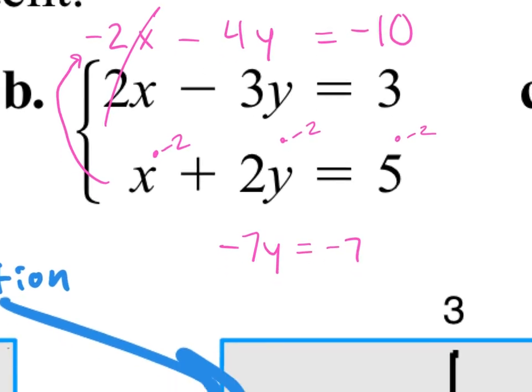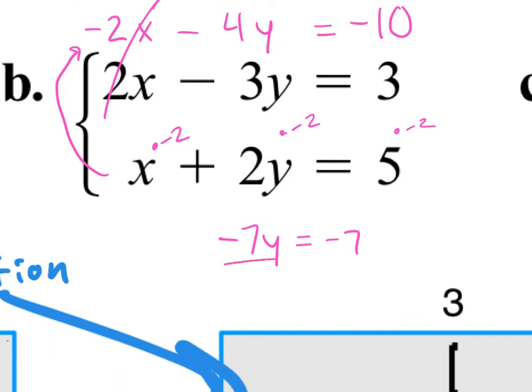Negative 7. Divide both sides by negative 7, so y is equal to 1. How do we find what x is? Plug it in. Do you want to plug it into the first or the second? Sure. Second looks a little bit easier.